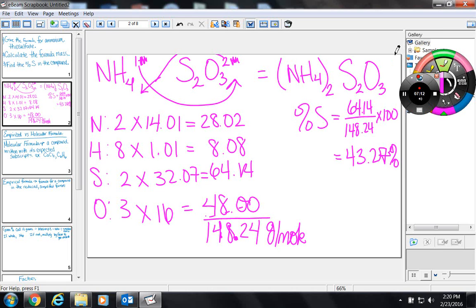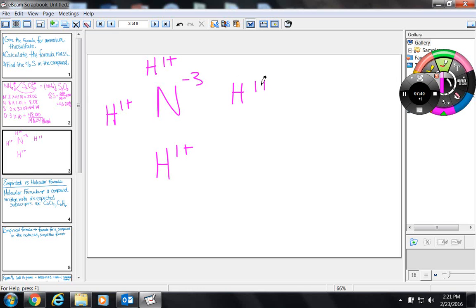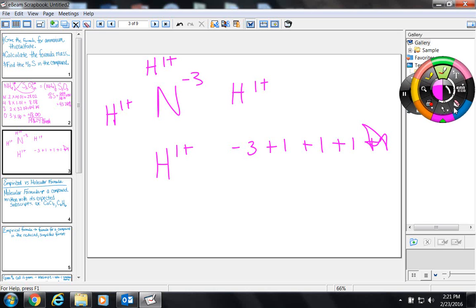Pause for a second. All right, you asked how a polyatomic ion gets its charge. So, nitrogen is a -3, right? How many hydrogens are there in NH4? There are 4. What charge does a hydrogen have? Positive, +1. So if I add all that up, what do I have? -3 plus 1 plus 1 plus 1 plus 1.